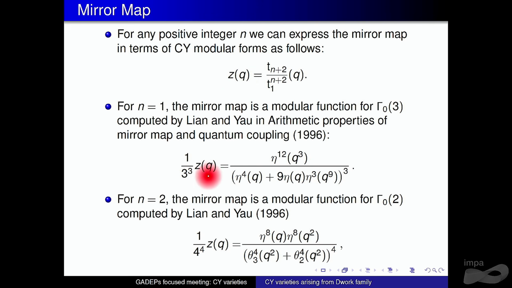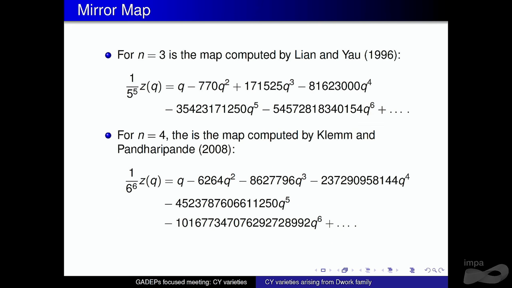So after computing this one, comparing with the solutions that we find in all the cases, for the mirror map here, exactly what we find is this function, which is the one found by Lian and Yau. The same happens in the case n equals 2 and n equals 3.